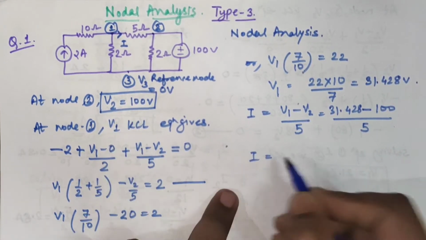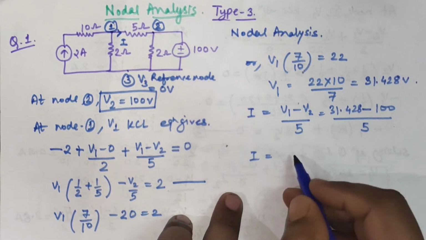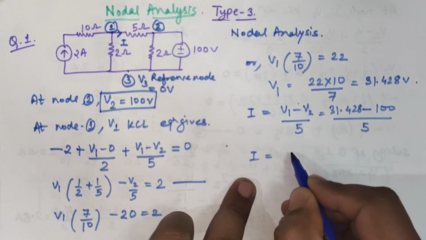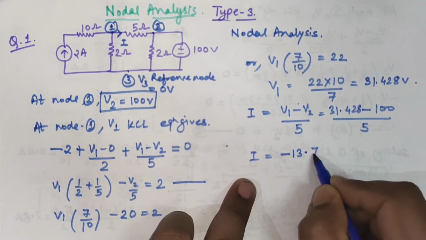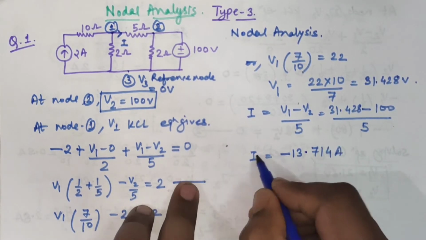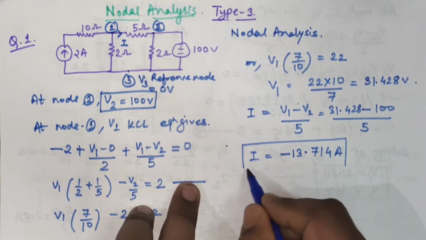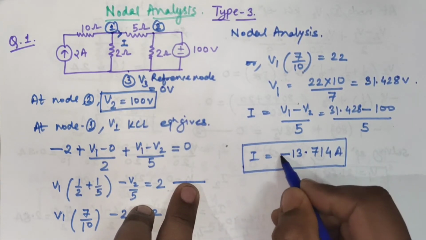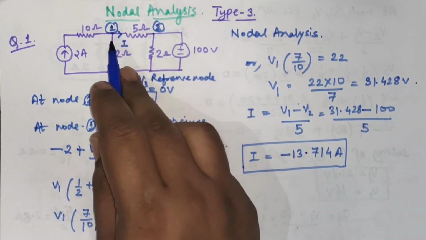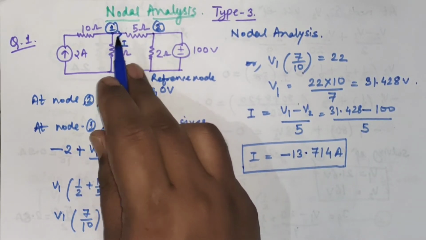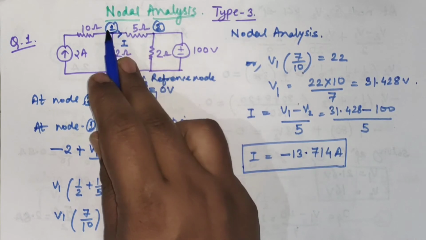The value of I we get is minus 13.714 ampere. This negative value of I indicates that the actual direction of current is flowing from node 2 to node 1.